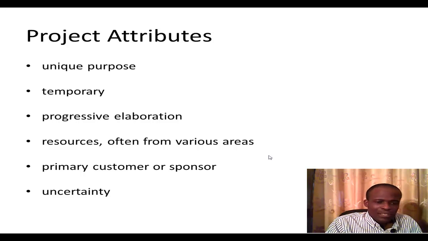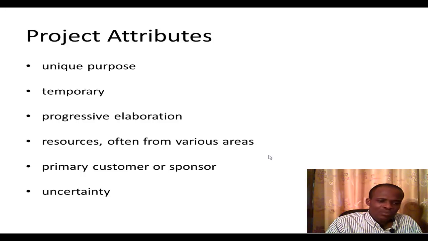Then a project must be temporary. Of course, I've spoken about this already. Temporary means it must have a definite beginning and a definite end. Then another attribute is progressive elaboration. That means as a project unfolds, as you as a project manager and your project team continue with the activities of the project, a lot of things become clearer to you.